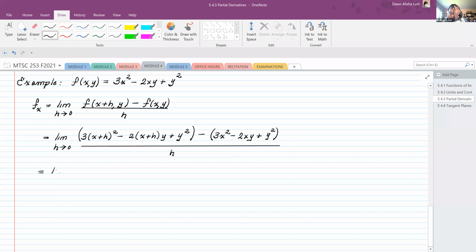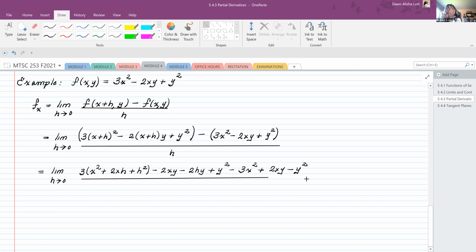So this is the limit as h approaches 0. In the numerator, I'm going to get 3 times (x squared plus 2xh plus h squared) minus 2xy minus 2hy plus y squared minus 3x squared plus 2xy minus y squared, all over h.